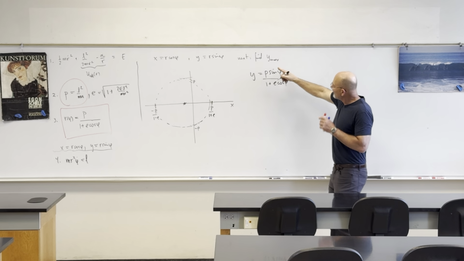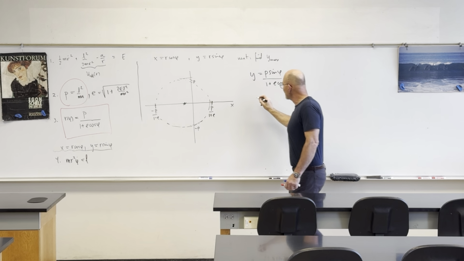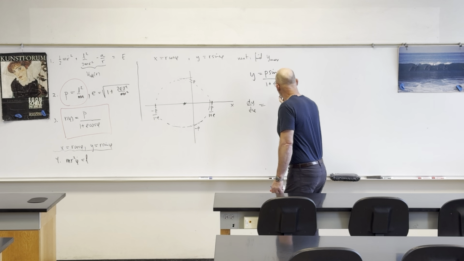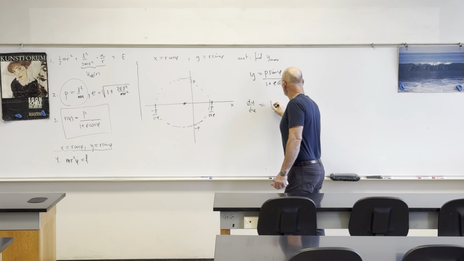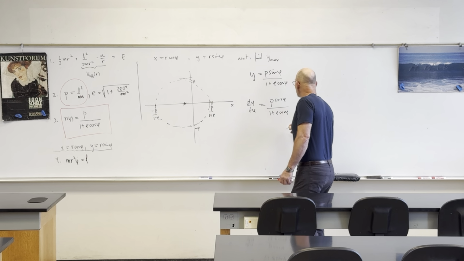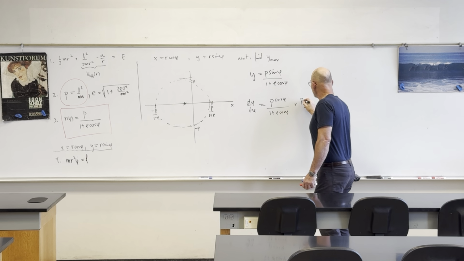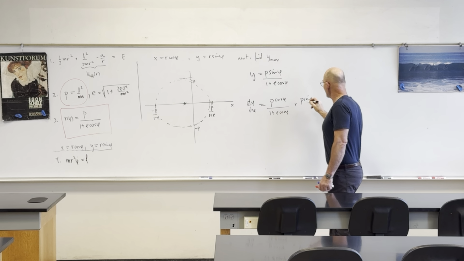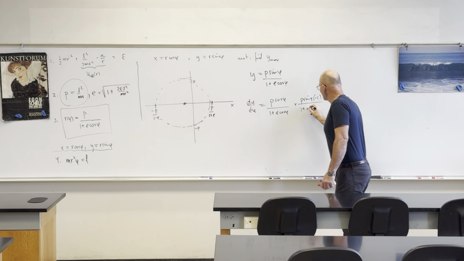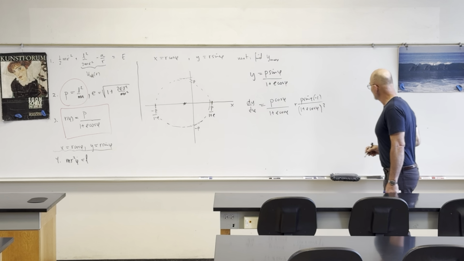So to find the maximum value here, we're going to do the first derivative criterion, dy d phi, and set it equal to 0. So that's equal to p cos phi over 1 plus e cos phi plus p sine of phi times negative 1 over 1 plus e cos phi squared. We'll just simplify this and see what happens.